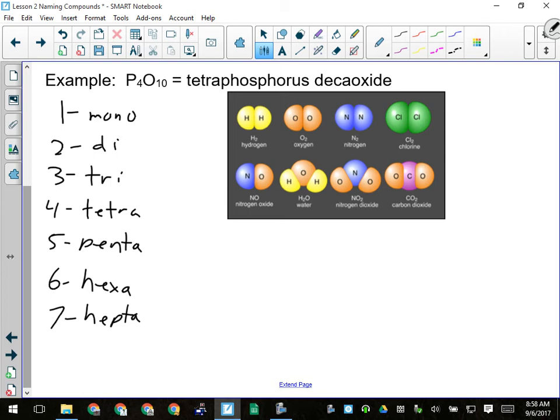Don't use that. Mr. Real hates it. That's one of his triggers. You got to watch out for that one. 7 is hepta, 8 is octa, 9 is nona, and 10 is deca. Shouldn't need anything beyond that.